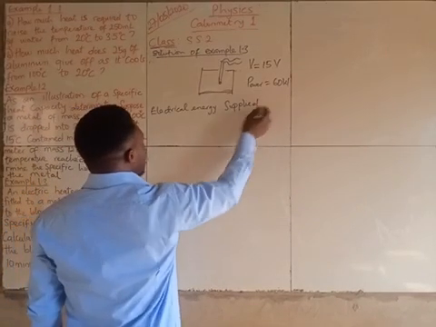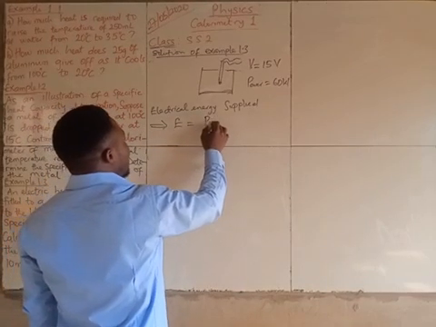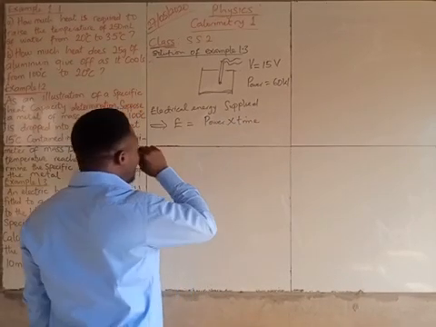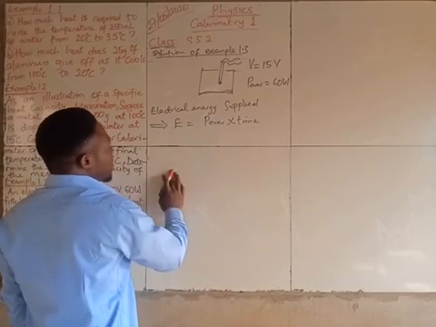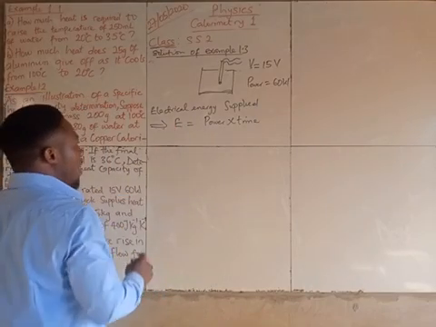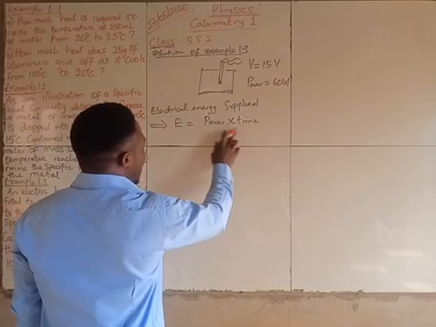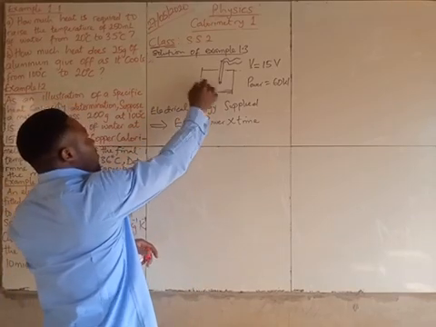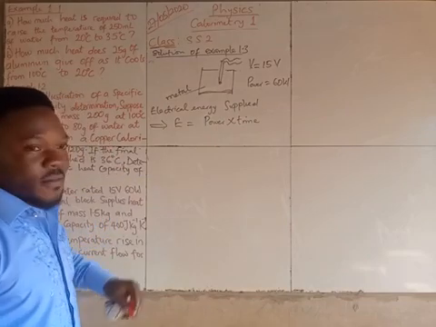E is equal to power times time, since power is equal to energy over time. Power is energy or work done per unit time, and therefore the electrical energy here will be power times time. This energy is going to be supplied to this metal in form of heat energy, that is transformation of energy.